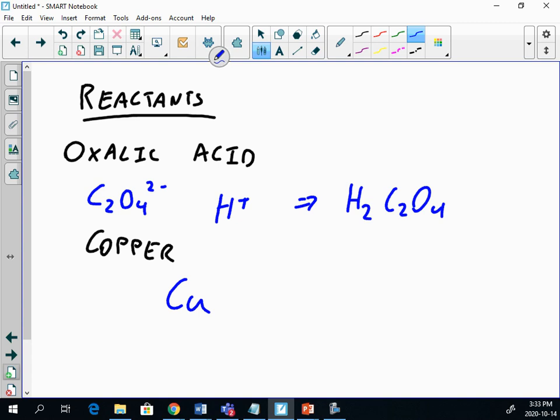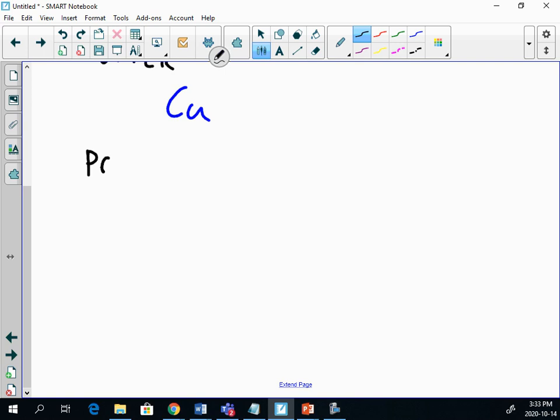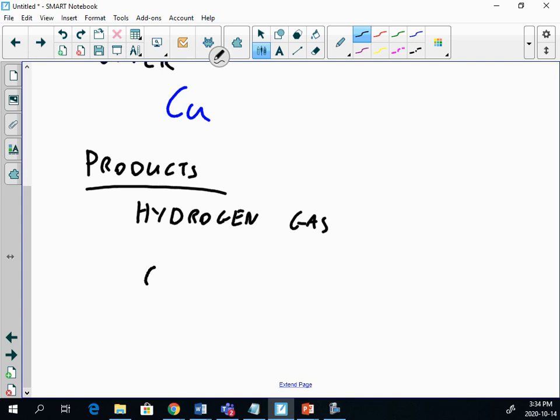So we're going to swap partners in a single replacement and create hydrogen gas, which means that my products are hydrogen gas and copper oxalate, specifically, like the question says, copper 1 oxalate.